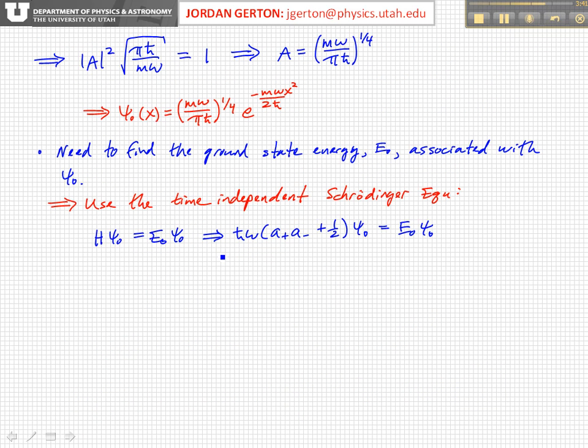Okay, and so if we rewrite this as h bar omega a plus a minus times psi naught plus 1/2 h bar omega times psi naught is equal to E naught psi naught, then what we notice is that what we have right here is the lowering operator operating on psi naught, and this is equal to 0.